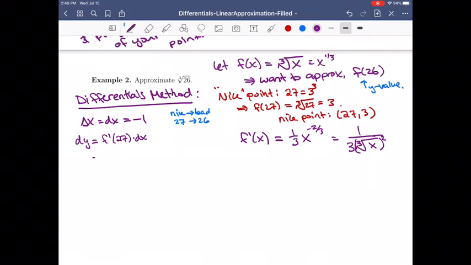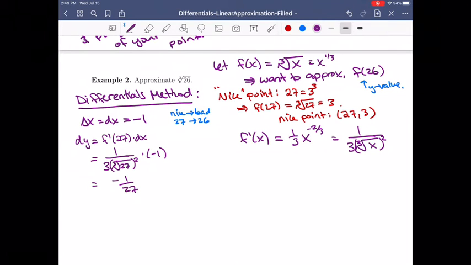So dy is 1 over 3 cube root of 27 squared, times dx, which is minus 1. In fact, this is negative 1 over 27. The cube root of 27 is 3, and I square that, I get 9, times 3, I get 27. And then the negative 1 makes it negative. So that's dy.